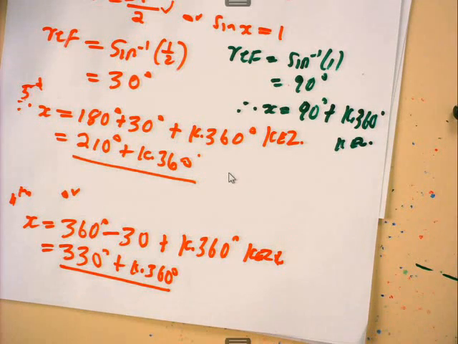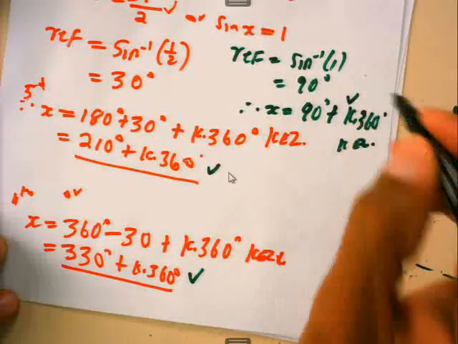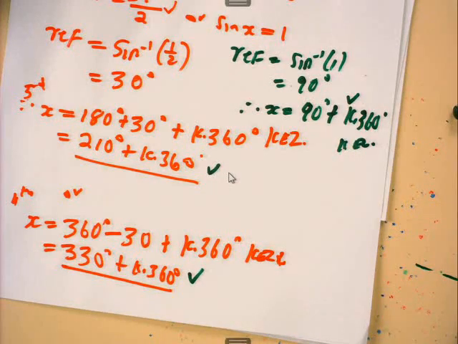It means from these questions, you have three solutions, 1, 2, as well as 3. 210 plus k times 360, and the other one is 330 plus k times 360. Then the last one, of course, is x equal to 90 degrees plus k times 360.